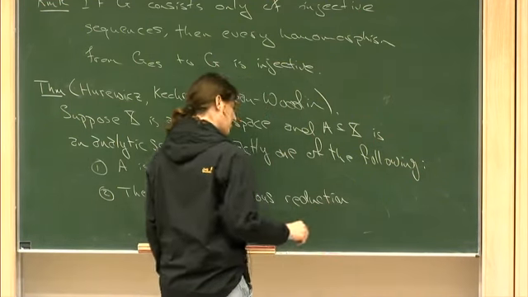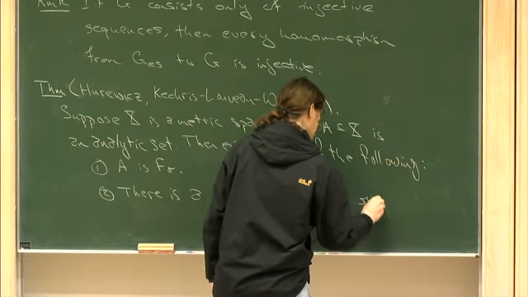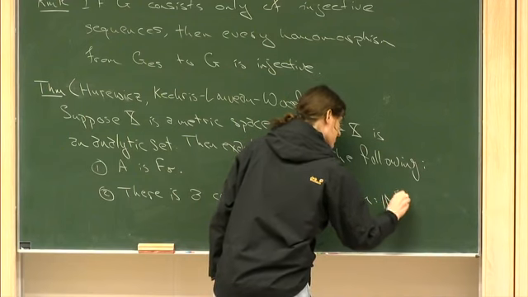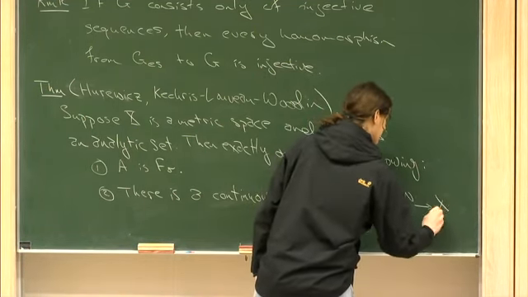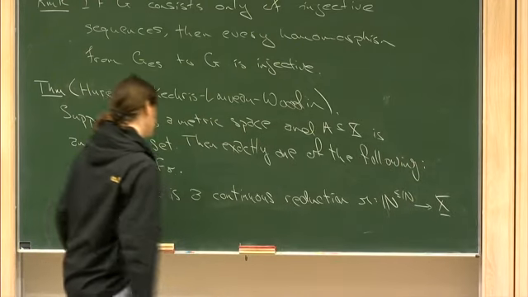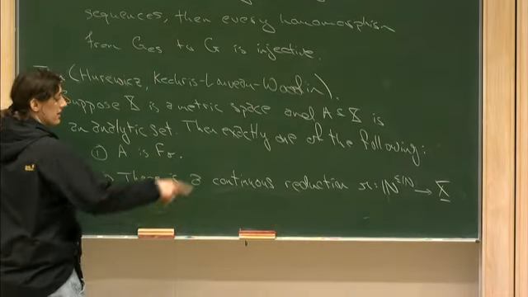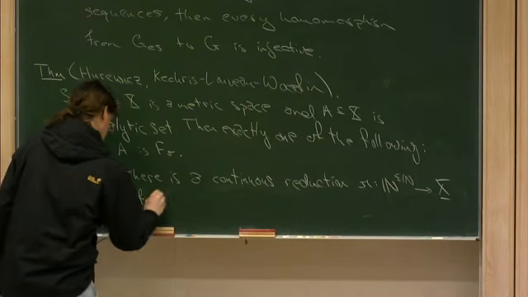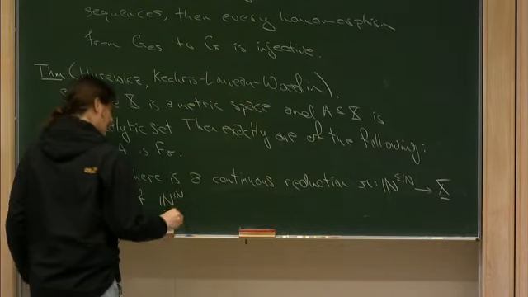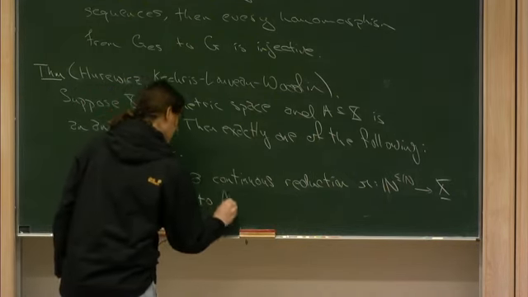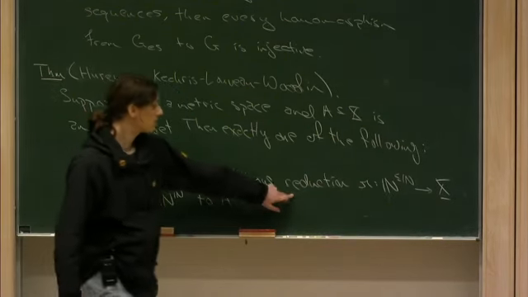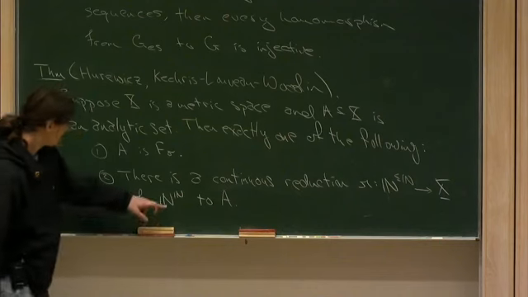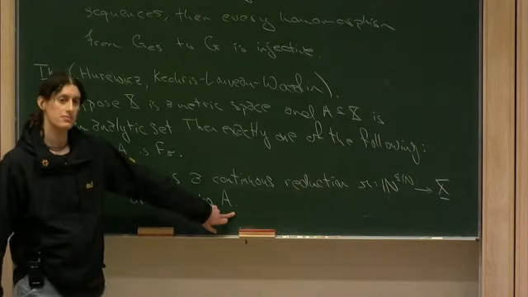So this is going to be a map pi from ω^{≤ω} to X. In a moment I'll tell you what topology I have in mind. It's going to be a reduction of Baire space to A. By a reduction, I just mean that a point is in here if and only if its image is in here.